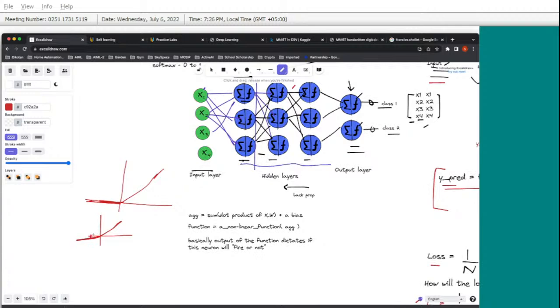Generally, by default, go with ReLU. TensorFlow does not set a default activation function for you; you have to give the activation function. What TensorFlow does give you is a default algorithm for weight initialization, the Glorot initializer.